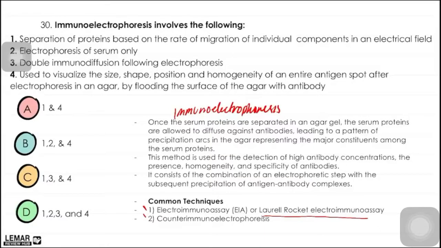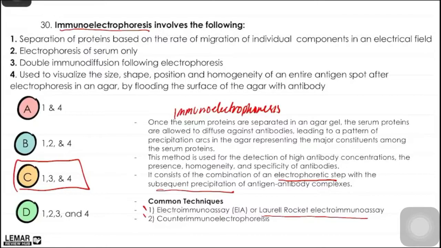And as we said, we have the electrophoretic step and the subsequent precipitation. What are the steps common in immunoelectrophoresis? So the correct answer in number 30 is actually 1, 3, and 4. It involves separation of proteins based on the rate of migration of individual components in an electrical field.